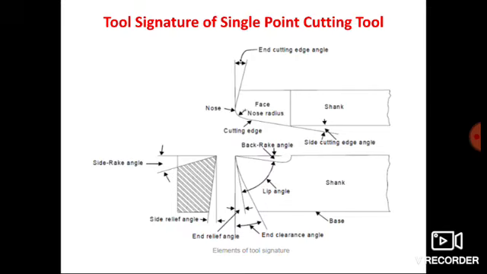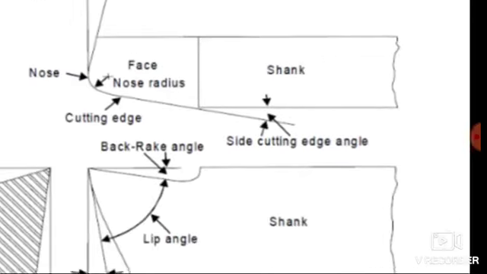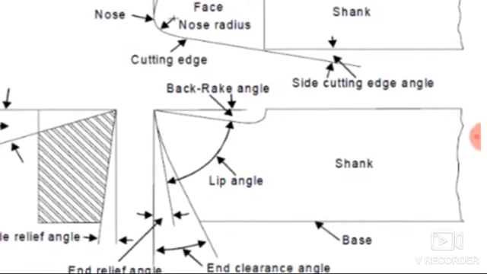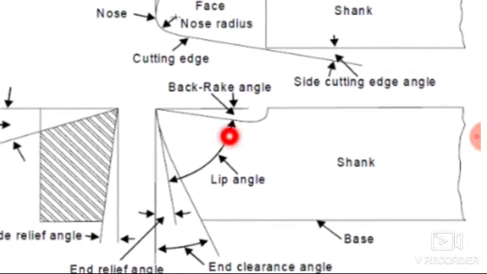Now we will discuss the various angles associated with the single point cutting tool. The very important angle is the back rake angle, that you can see in the front view. So this is the back rake angle. The face of the cutting tool is inclined at the back side, it is inclined downward.